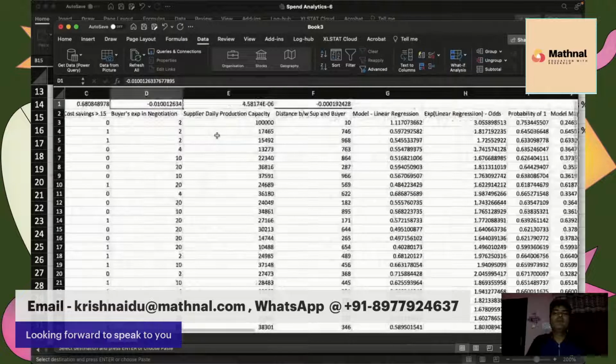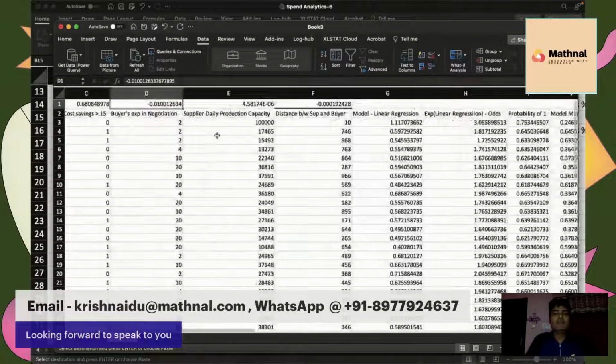So wherever it is 0, we subtract 1 minus the probability of 1, and wherever it is 1, we take the same value. It is 0 here, so we are getting 1 minus 0.678. Then we want to do the maximization, so we took the log natural of this model mapping, and then we used the maximization using Solver, and then we got the variables, right?